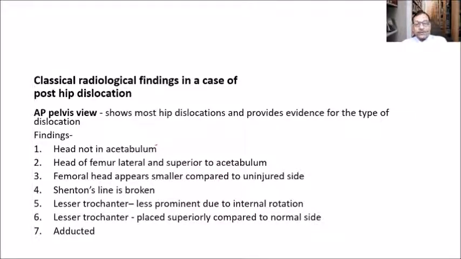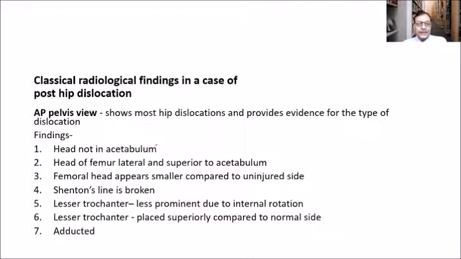So the findings I am trying to tell you are for the posterior dislocation. The head will be found not in the acetabulum. The head of the femur is usually lateral to the acetabulum and superior as well. On the X-ray, the head will appear smaller compared to the uninjured side.